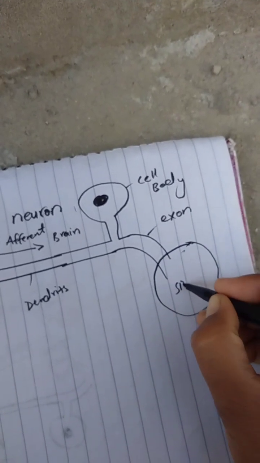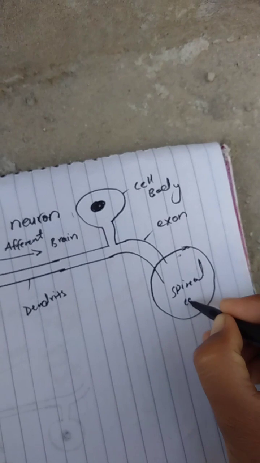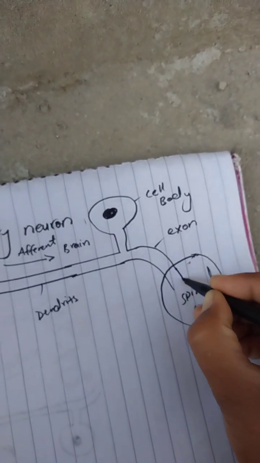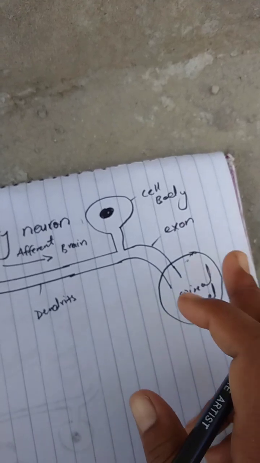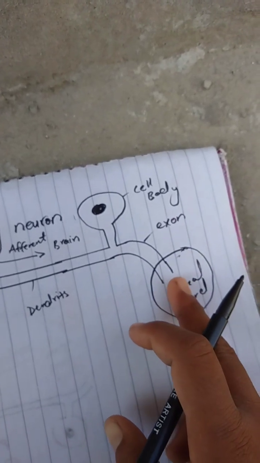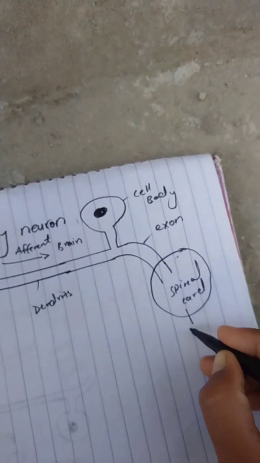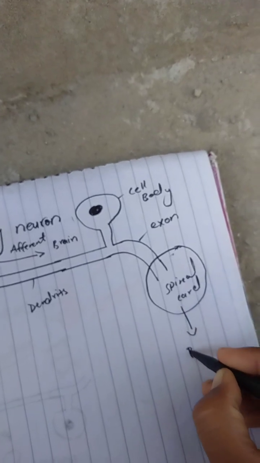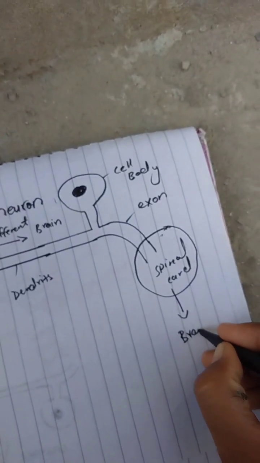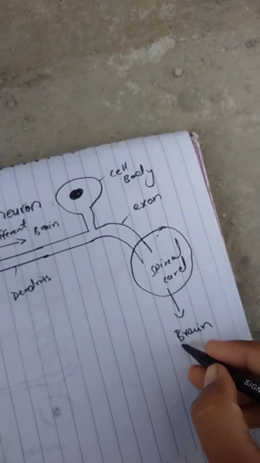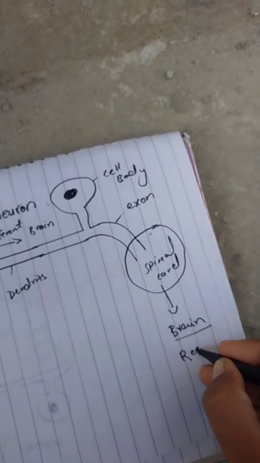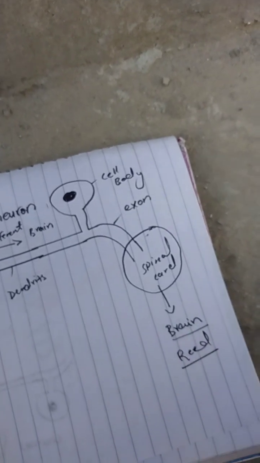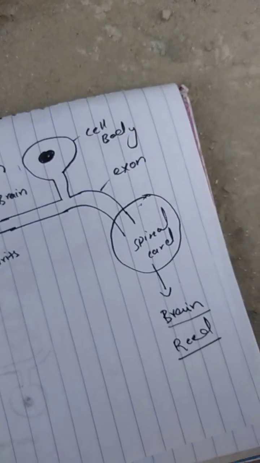The nerve impulse enters the spinal cord and goes to the brain. So the brain reads which type of stimulus it is.